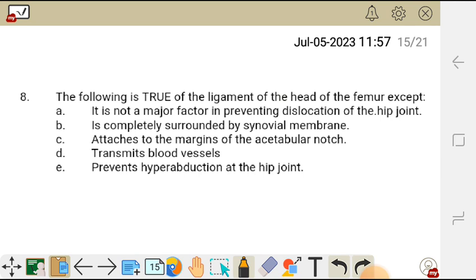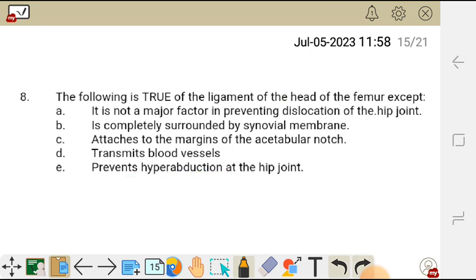And E, prevents hyperabduction of the hip joint. So which one among these is false? The question is saying the following is true concerning the ligament of the head of the femur. So the ligament of the head of the femur is ligamentum teres, the one we are talking about. So except which one? So all of these are true except E.